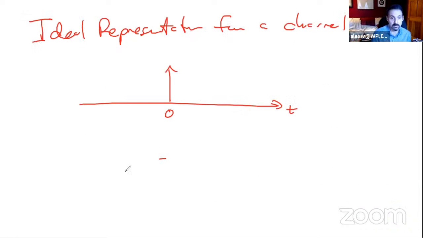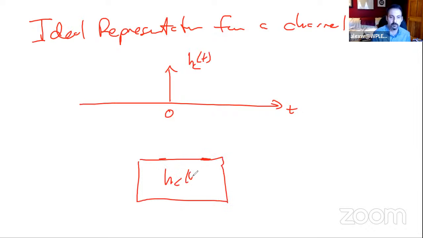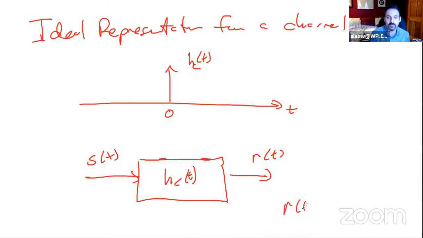What I would like is my box h_c(t). My ideal scenario is I would love r(t) to be equal to s(t), absolutely zero distortion. And how do I pull that off?